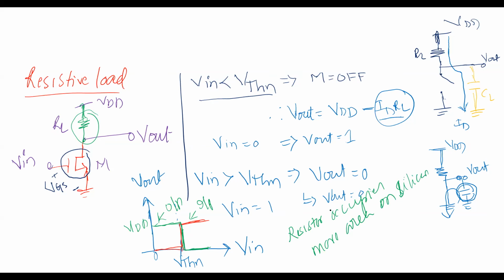This is the main disadvantage. If you want to fabricate the resistor, it occupies more area on the silicon, in the IC. That is the disadvantage of the resistive load.